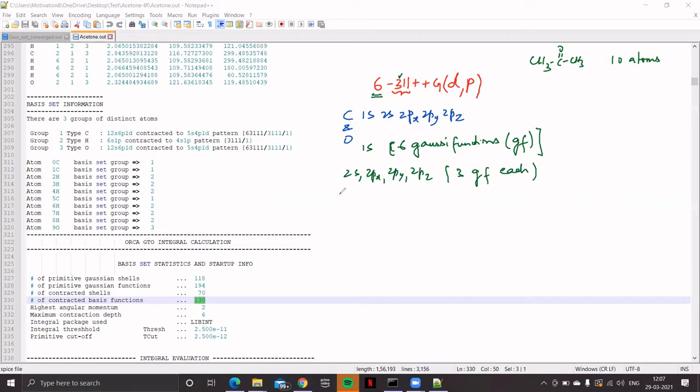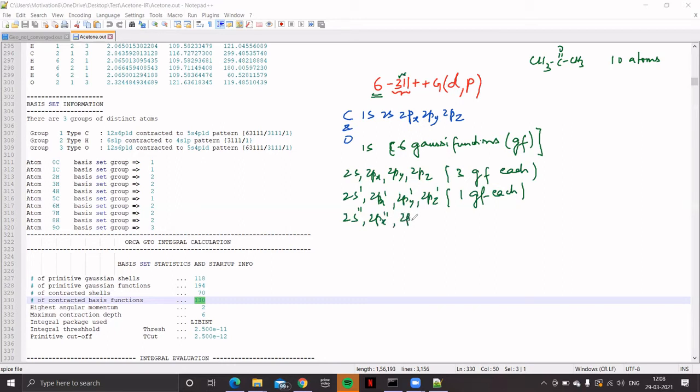Then another set of valence shell orbitals, let this be 2s prime, 2px prime, 2py prime, and 2pz prime. And each one is made up of 1, that's the meaning of 1 Gaussian function each. Then the third set, 2s double prime.